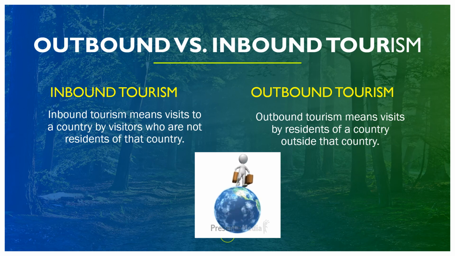For the Americans, Joe is considered an outbound tourist. Inbound tourism involves receiving a tourist from another country. Another example, Jane is an American and she is going to China to visit the Great Wall. Thus, Jane is considered an inbound tourist from the Chinese perspective.